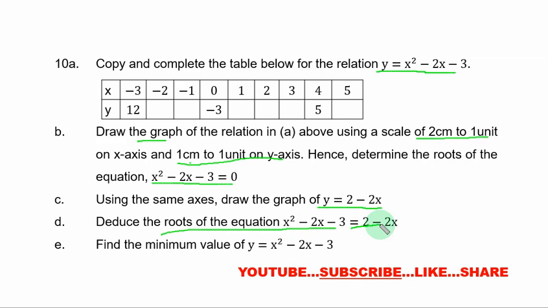That is, the points of intersection of the curve and the line are the roots of that equation. E part of the question, find the minimum value of y equals s squared minus 2s minus 3.